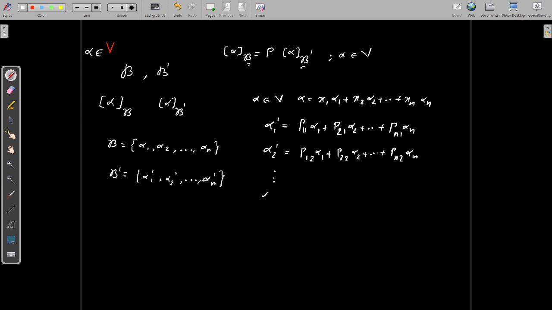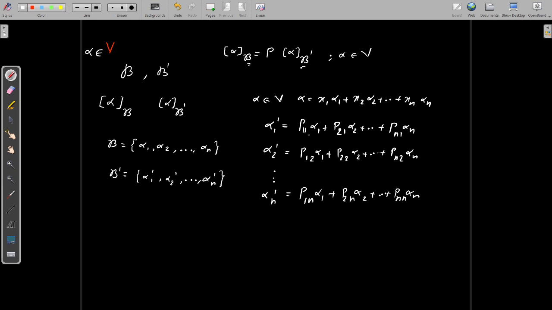Similarly, each element alpha n prime can also be written as a linear combination of alpha 1, alpha 2, etc. alpha n, which are all elements of V. So this happens for all alpha 1 prime, alpha 2 prime, etc. So alpha n prime is p1n alpha 1 plus p2n alpha 2 plus etc. pnn alpha n.